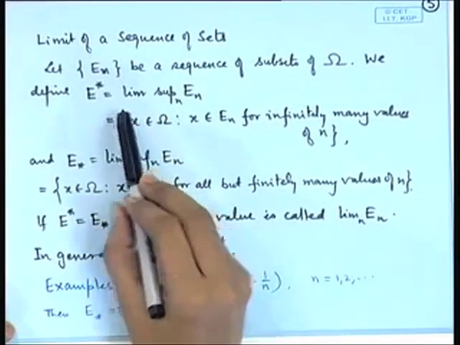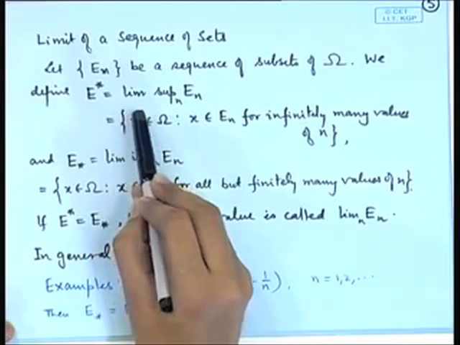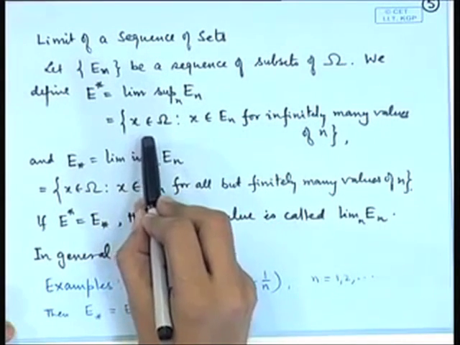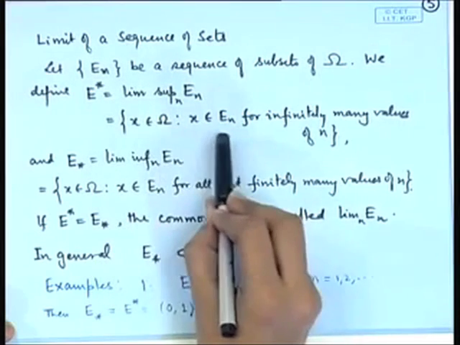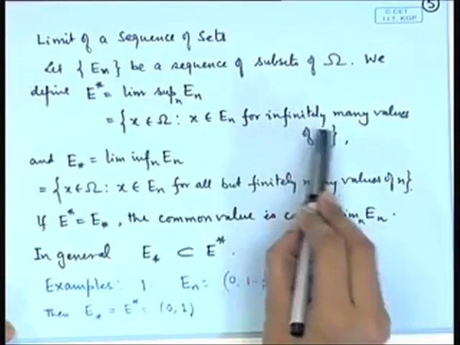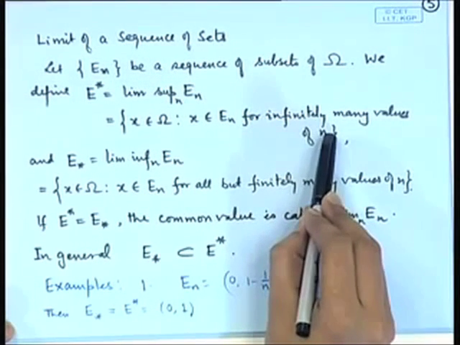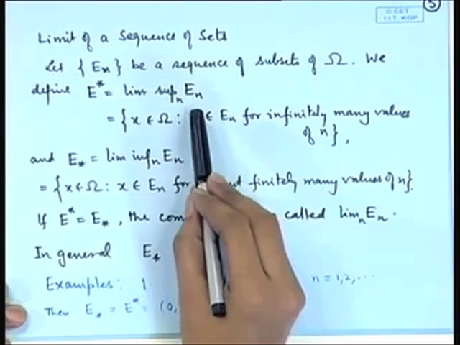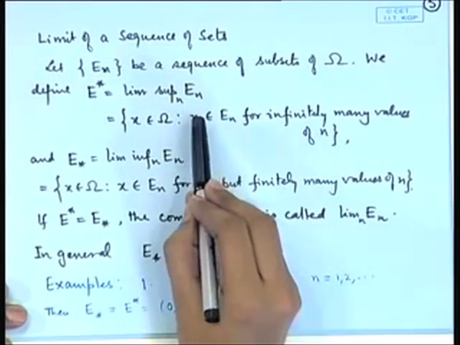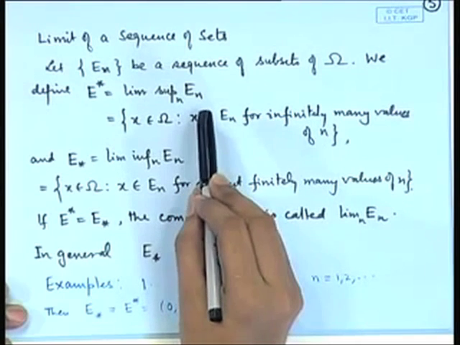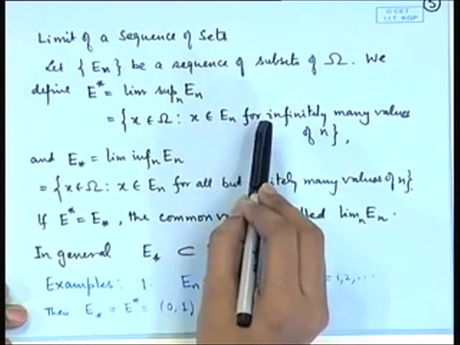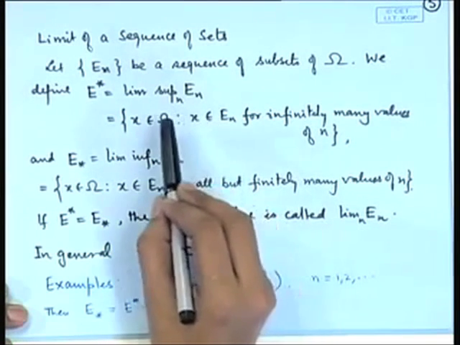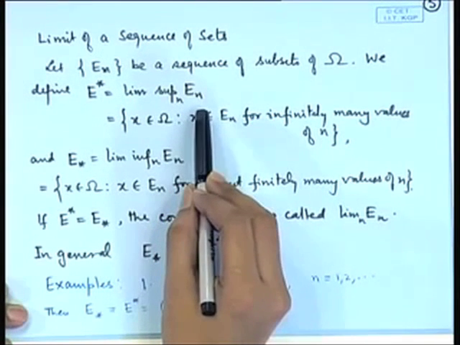We define E upper star, equal to lim sup of E_n, to be the set of all those points which belong to infinitely many values of n. What does it mean? It means that from the whole space we take those points which belong to E_n for infinitely many values of n. The collection of such elements will be called limit superior of E_n.